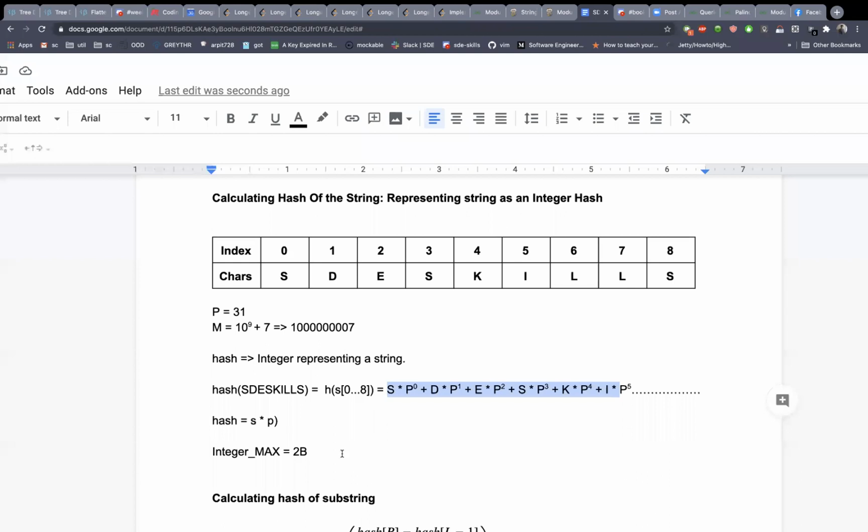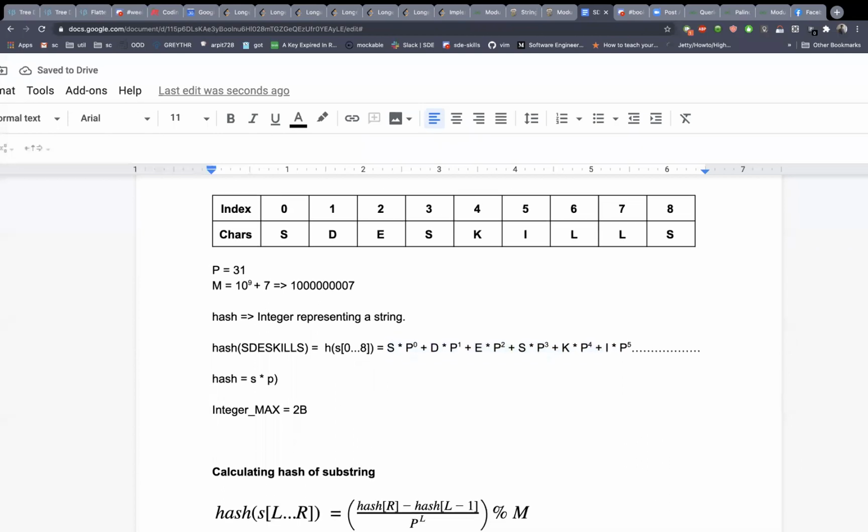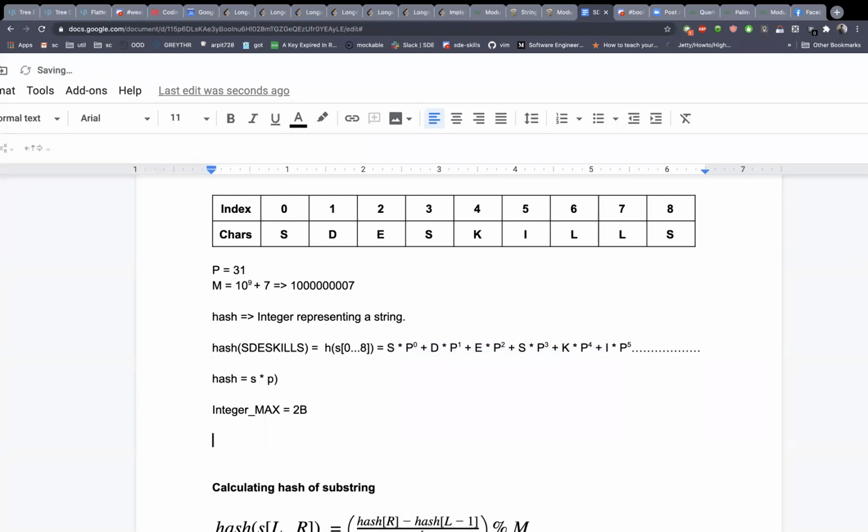So what we do is we instead take its modulo. Let's take a smaller example, say ABCD.